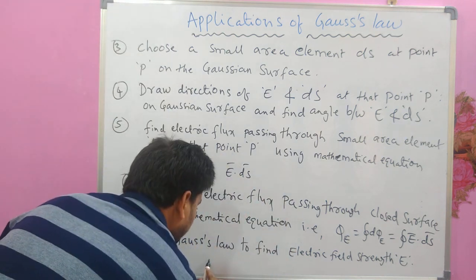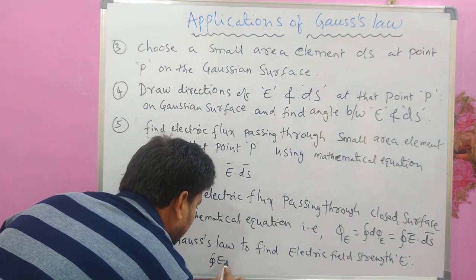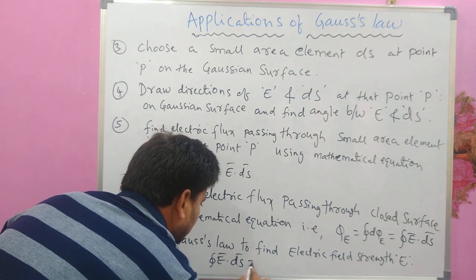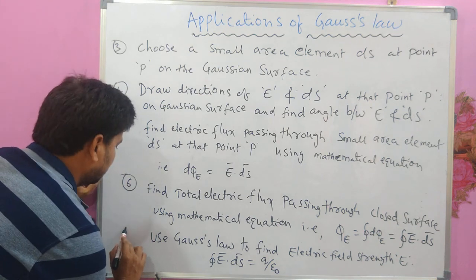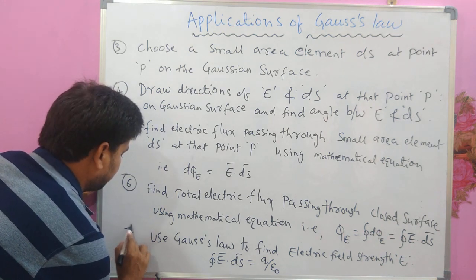What is the Gauss law? Integral E dot ds is equal to Q by epsilon naught. So this is, you can say, the seventh step.